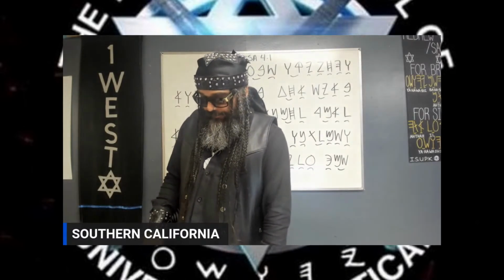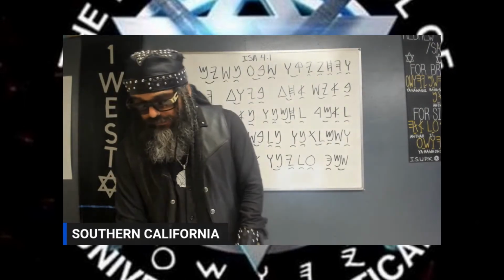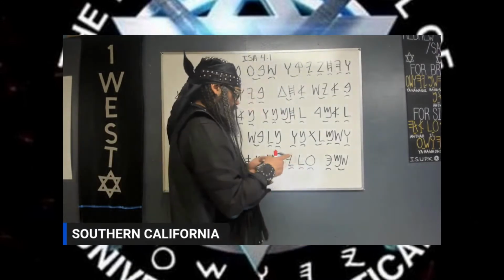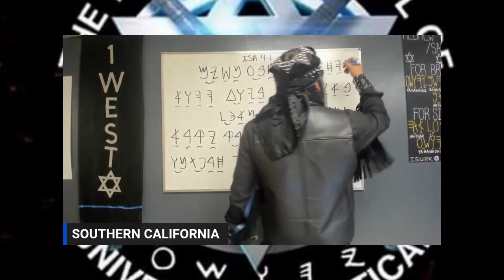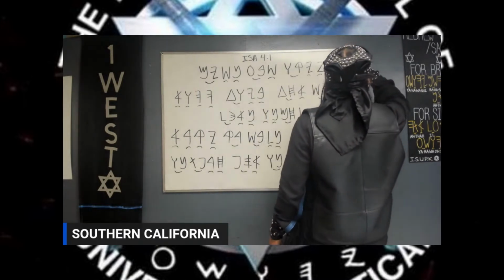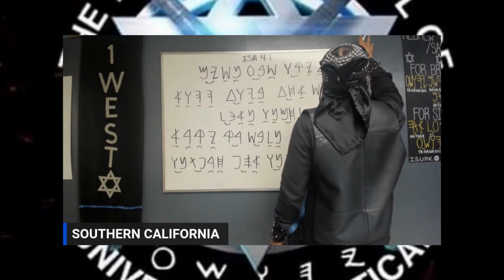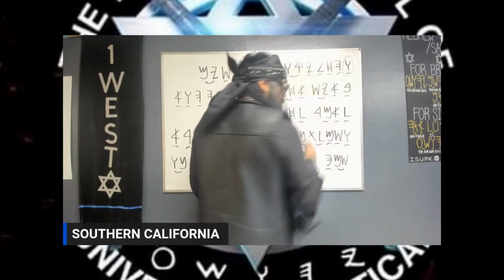All right, so this is Isaiah 4:1. Right, so we have, I'm gonna circle.